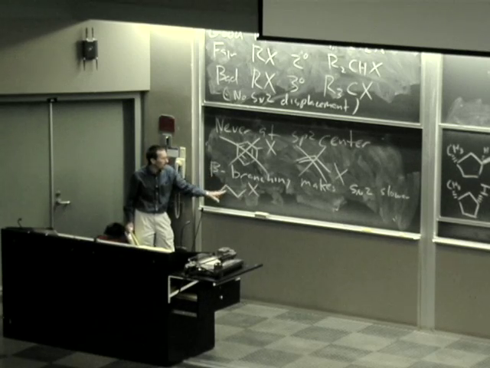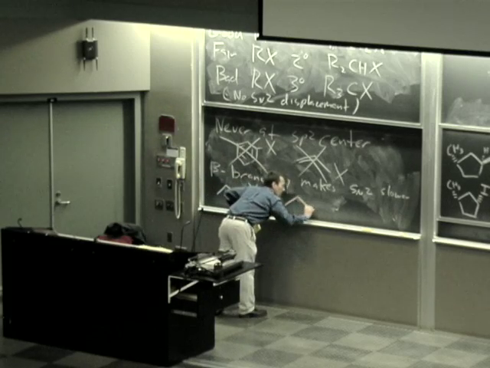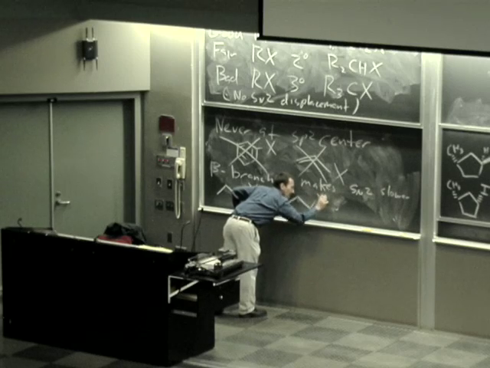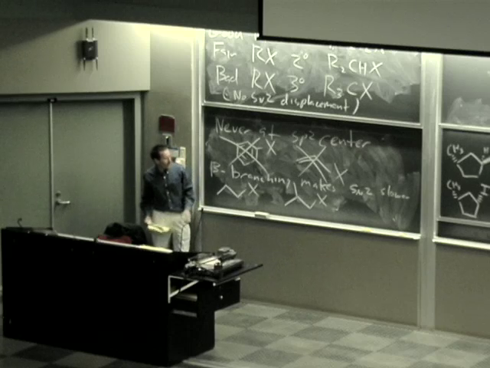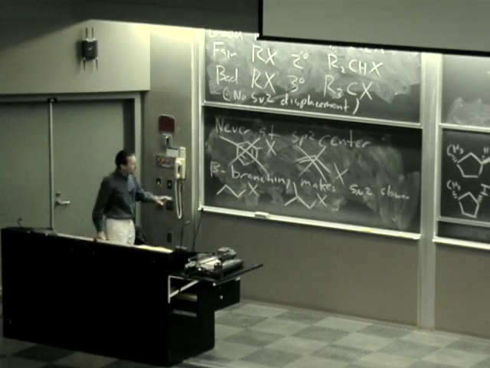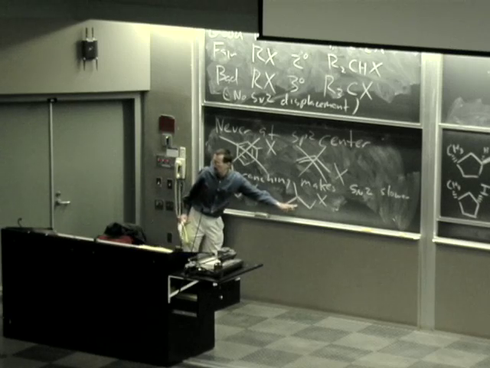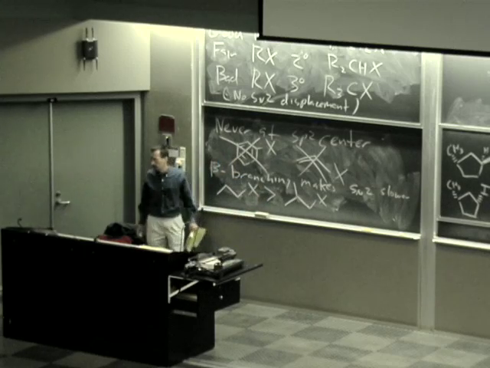But it does make steric hindrance. So as we go from propyl halide to an isobutyl halide, it gets harder for the nucleophile to get in. An SN2 reaction becomes slower.